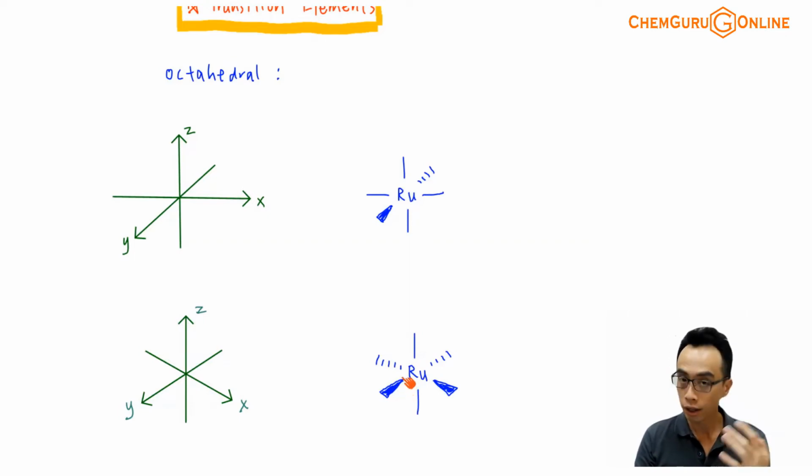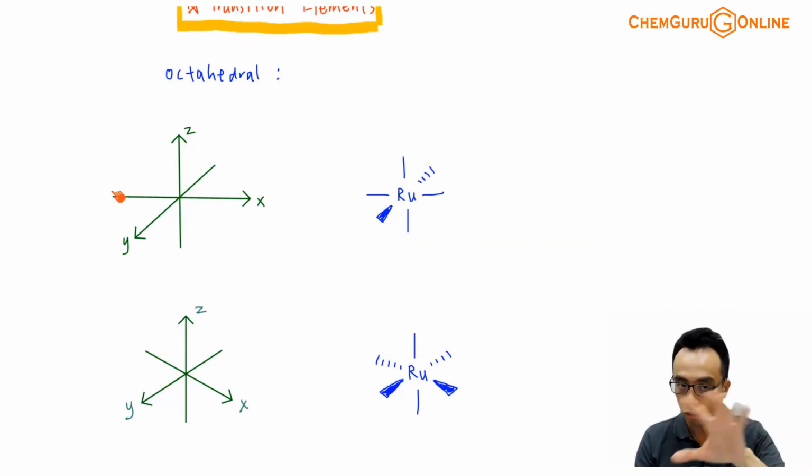But if I consider another way for me to draw octahedral complexes, keeping in mind that my groups or my ligands are just pointing along the x-axis, y-axis, and z-axis, now I can also think of it in this way. My x-axis will be left and right, my z-axis is up and down, and my y-axis is in and out, coming out towards you.